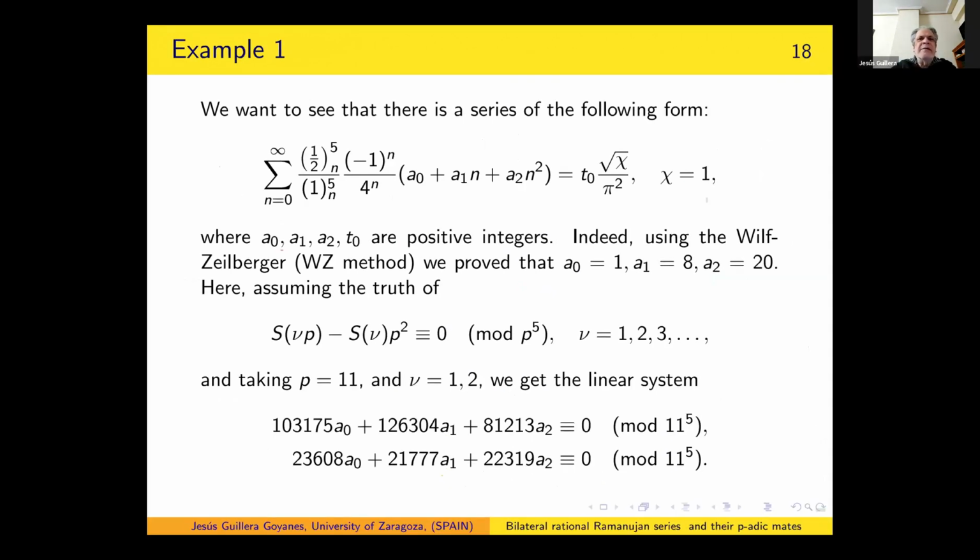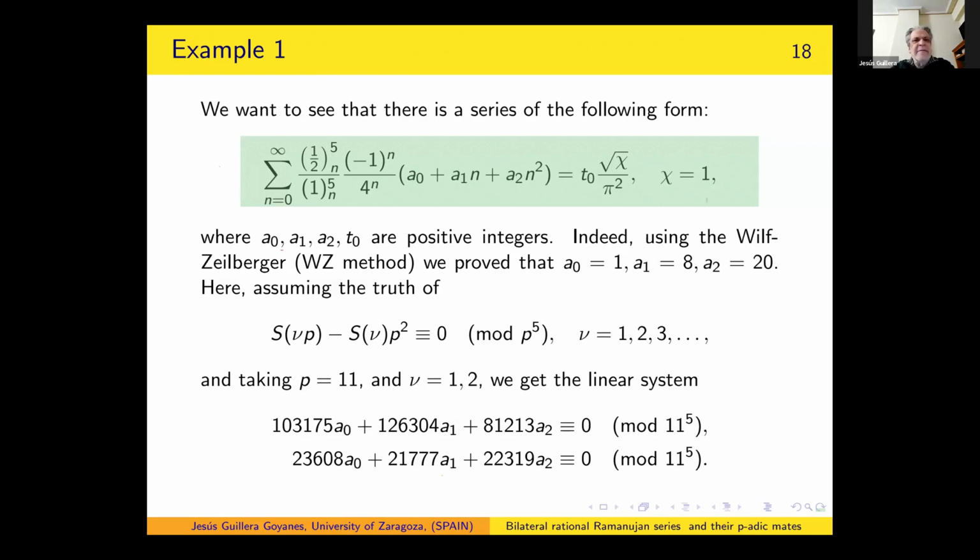We want to see if there is a series of the following form, with character 1. Well, indeed, it exists because using the Wilf-Zeilberger method, we prove that A sub 0 is 1, A sub 1 is 8, and A sub 2 is 20.